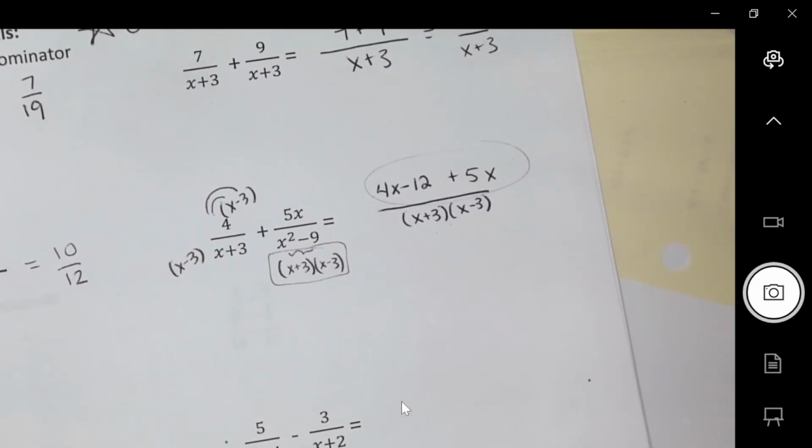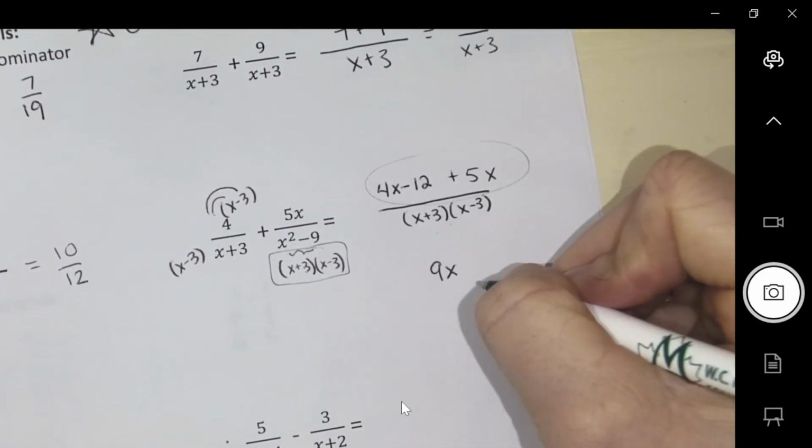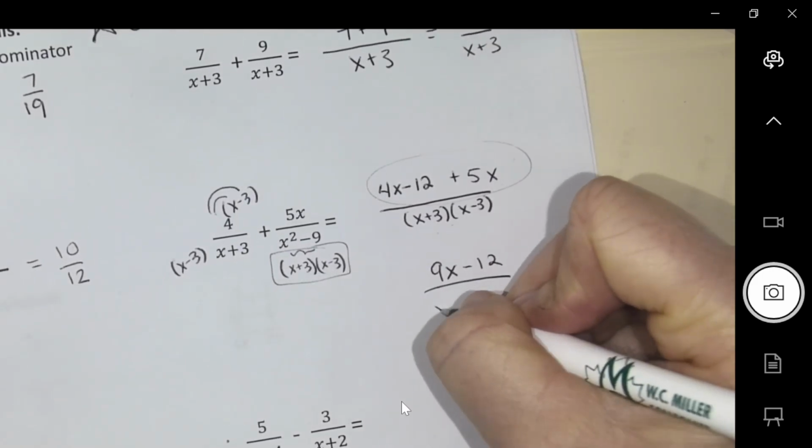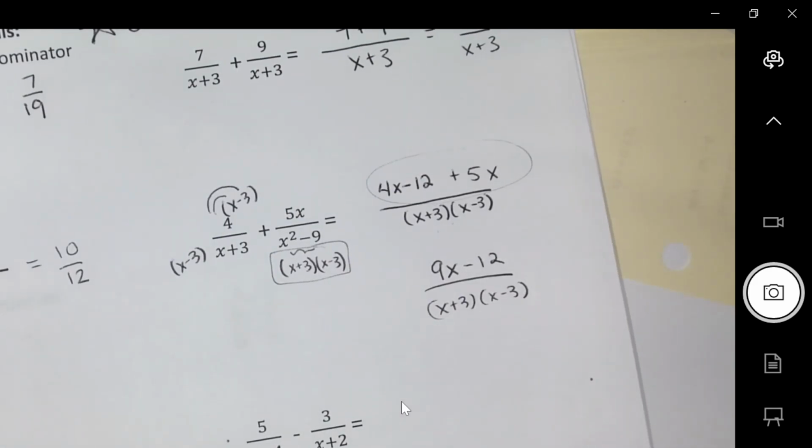Then I'm just going to work to simplify. So stuff I can put together. I can do a 9x on that. Minus 12 over the common denominator. Okay, so sometimes on the top you'll be able to put a few things together because you're simplifying.